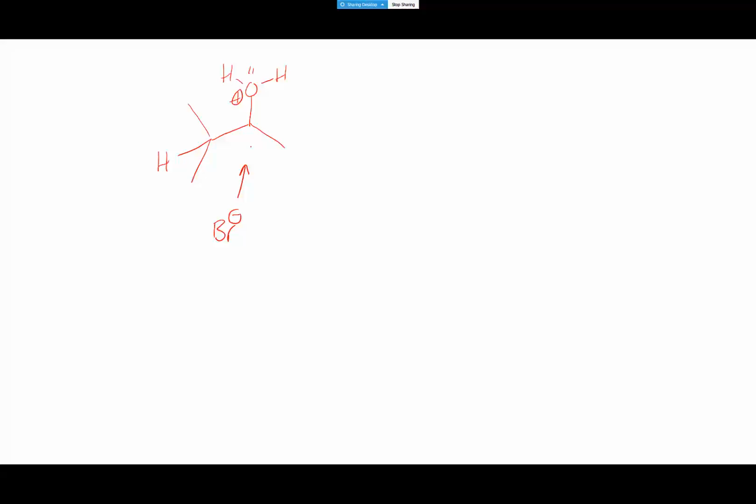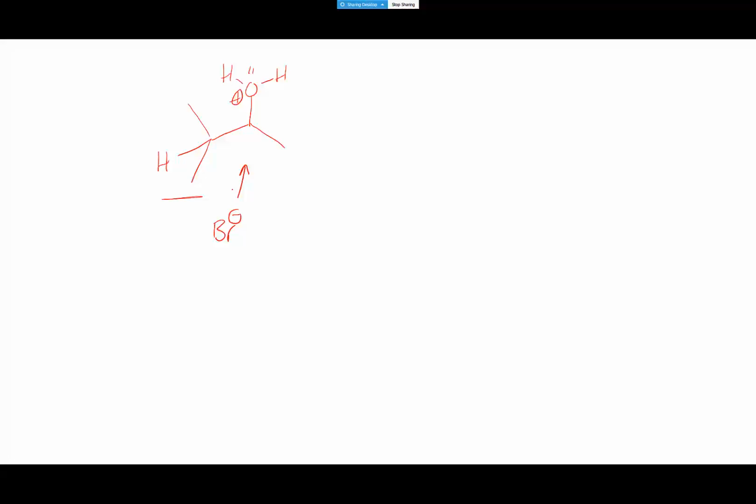Well, maybe, but let's say for the sake of argument that this isopropyl group over here might block that bromine from doing that. So if I wanted to do SN2 then, well, I can't really do SN2 without, okay.